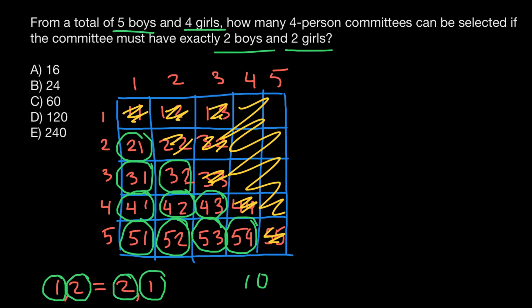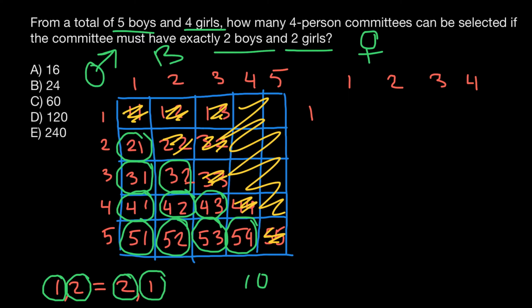We have 4 girls, and we can use the sign from genetics to designate girls. So girl number 1, girl number 2, girl number 3, and girl number 4.